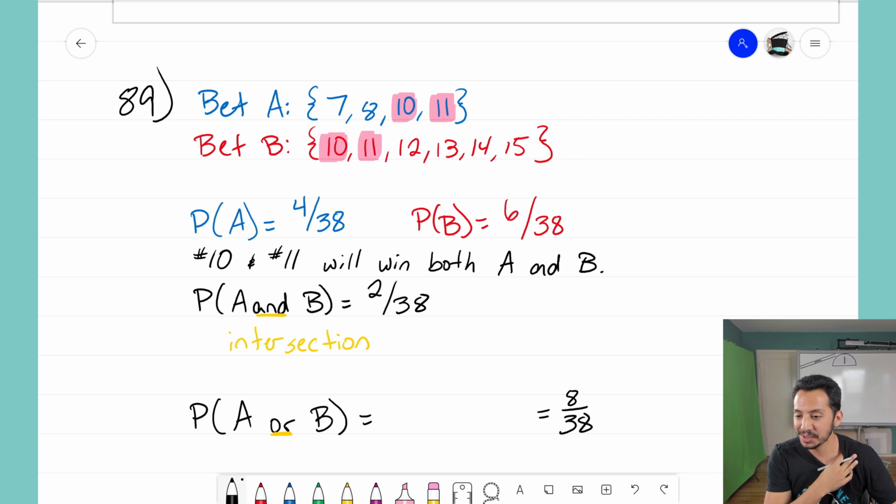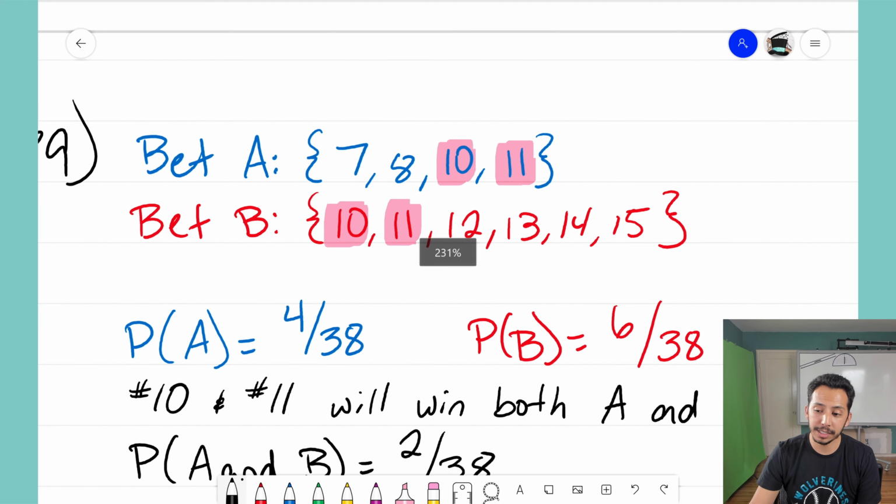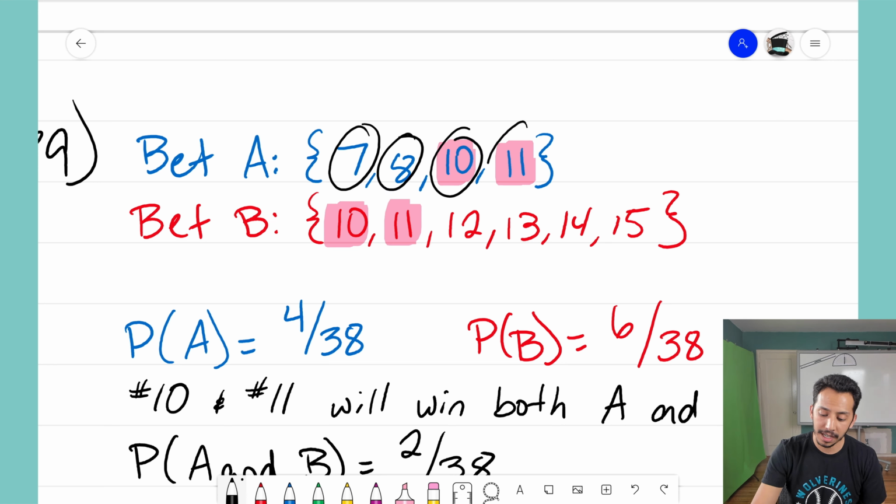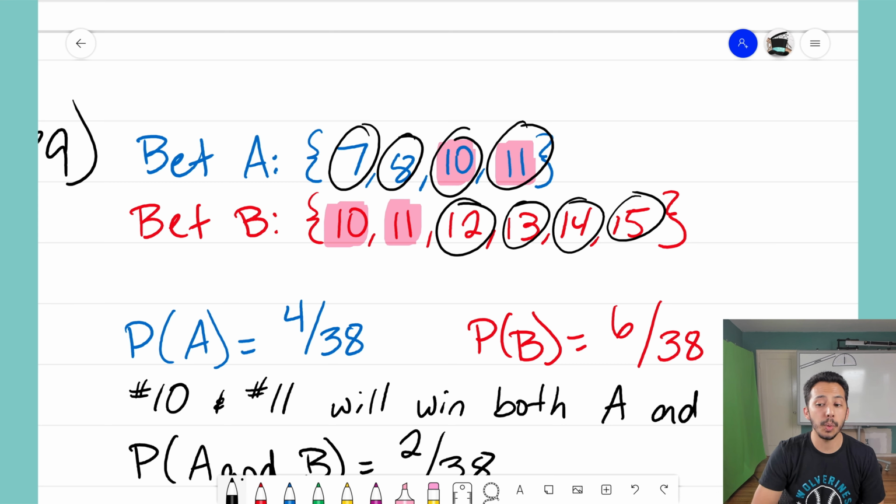Boom. Absolutely, you got it, Nyana. She looked at the numbers up here and she counted all the different numbers. Let's look back over here at our sample space. She saw that this person can win on 7, on 8, on 10, on 11. That's 4 ways. This person can win on 15, on 14, on 13, on 12. That's another 4 ways. We got 8 ways so far.